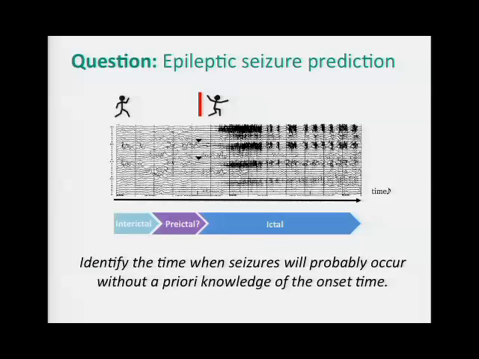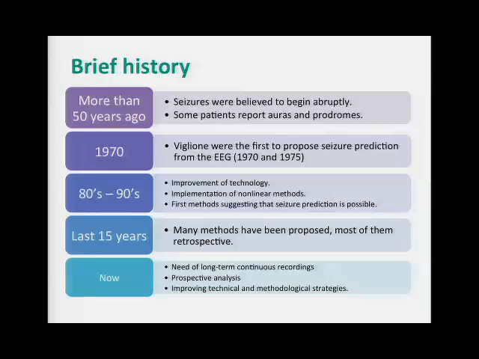Obviously, this is not a new question. We have a brief history here. More than 15 years ago, seizures were believed to begin abruptly. But some patients have subjective feelings. They could be at the beginning of the seizure, just some seconds before, which are known as auras.